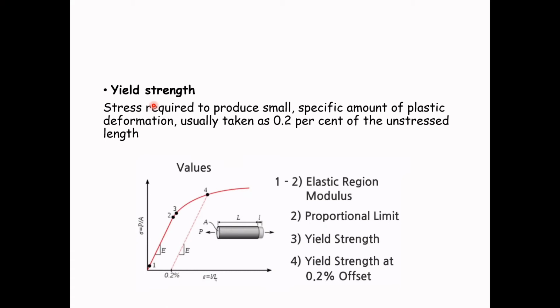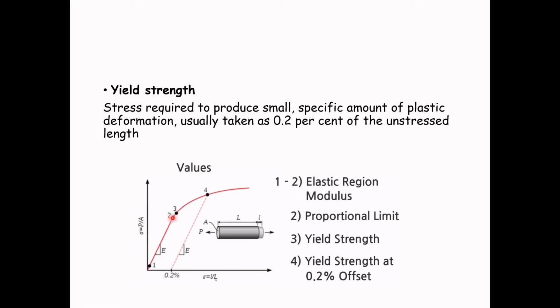So here I show you again the stress and strain curve or diagram, and we have points 1, 2, 3 and 4 here. So between points 1 and 2, this is what we call the elastic region, and the slope from point 1 to point 2 is the modulus of elasticity or Young's modulus.